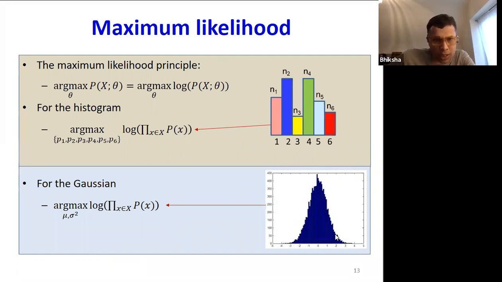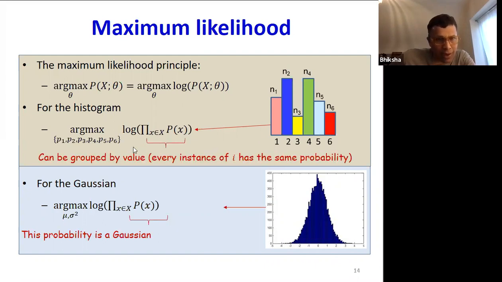So also here, the probability of the collection of outcomes that you got is the product of the probability of the individual outcomes. And we're going to choose these model parameters here, which are the probabilities of the faces, or over here, which are the mean and the variance of the Gaussian, such that this likelihood term here is maximized.